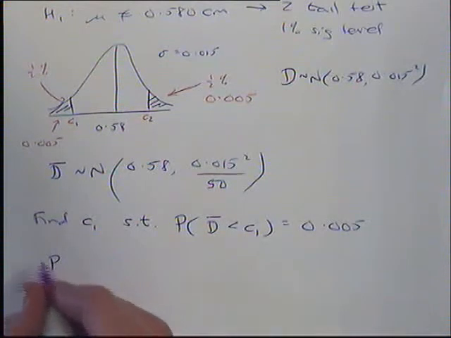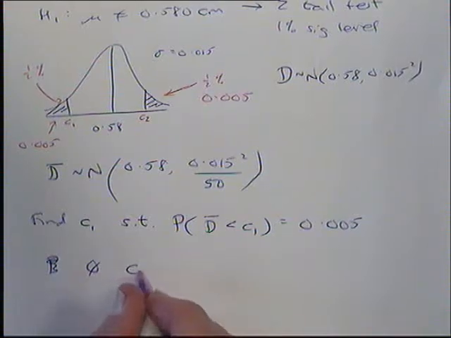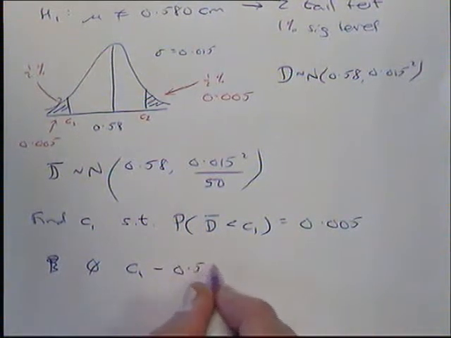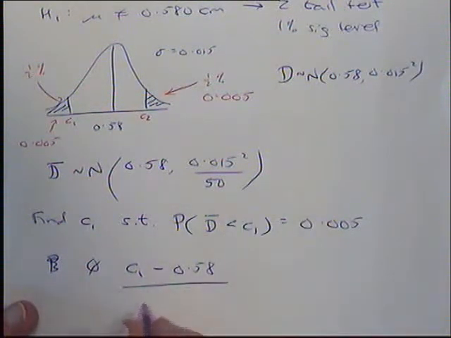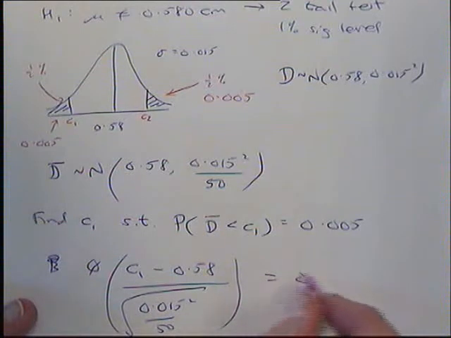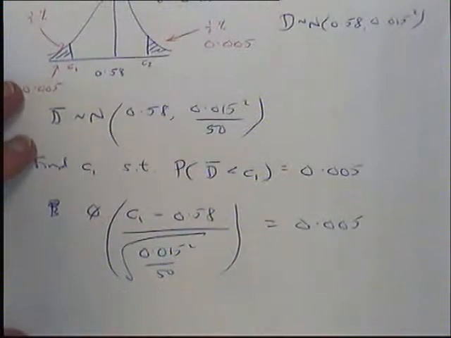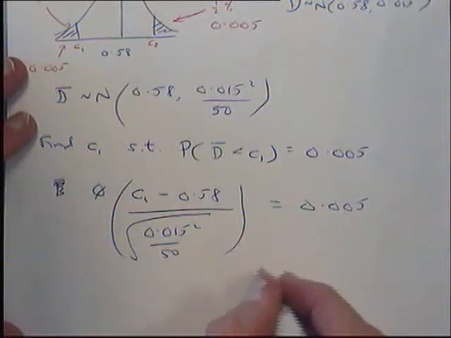So I'm going to write it down in phi's. It's my x value, which here is C1, minus my mean over standard deviation, equals 0.005. The next step will be anti-phying.